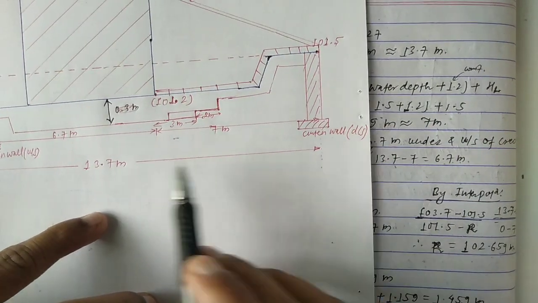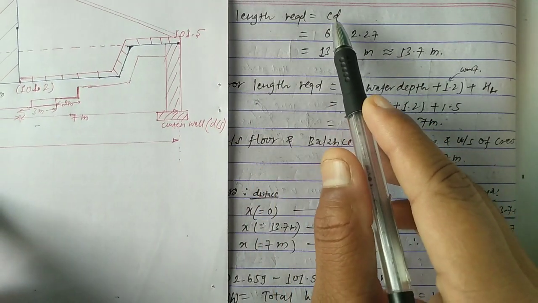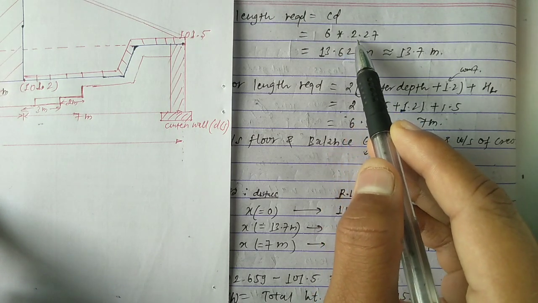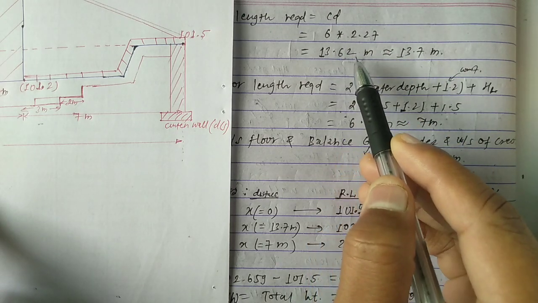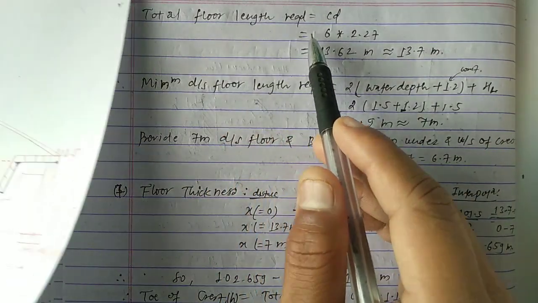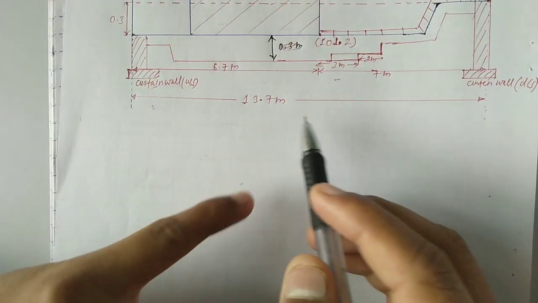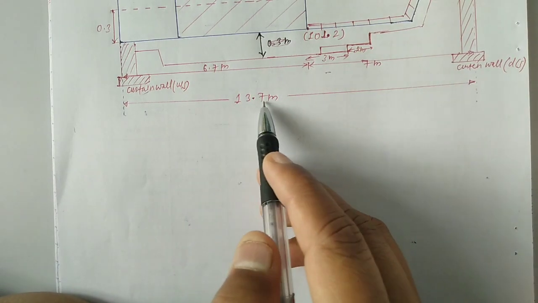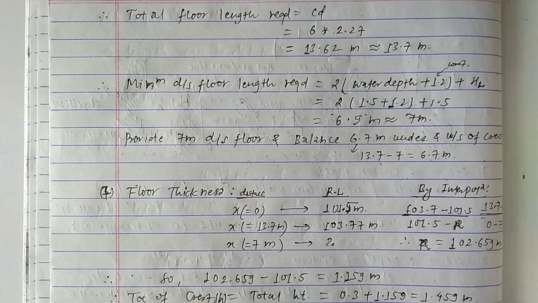You can calculate this value by multiplying C into D, where C equal to 6 and D equal to 2.27. This value becomes 13.62, and we simply take 13.7 meter. This is the total length required from the upstream of curtain wall to the downstream of curtain wall, 13.7 meter, as you can see in this figure too.